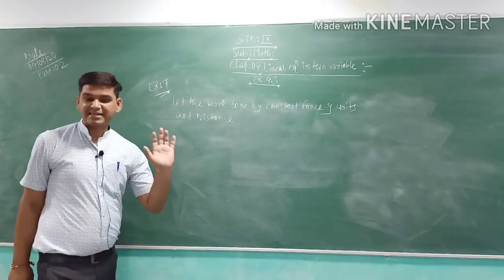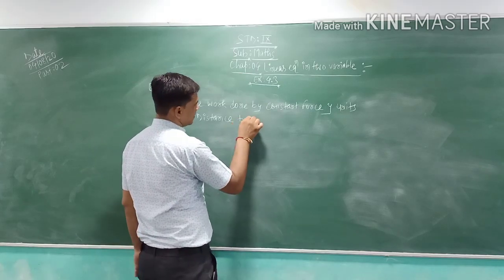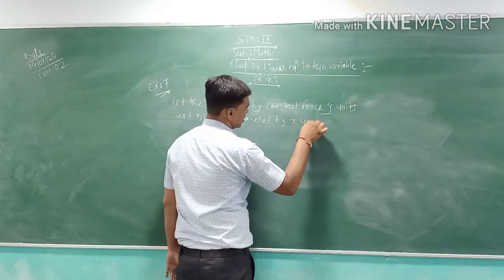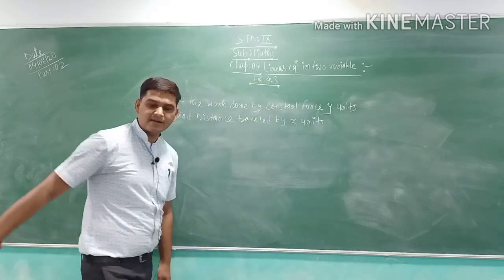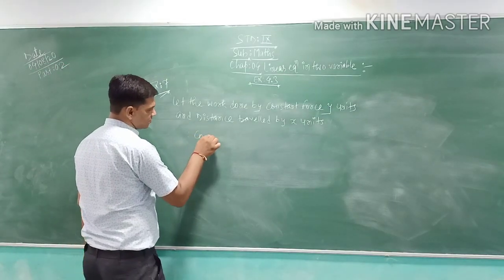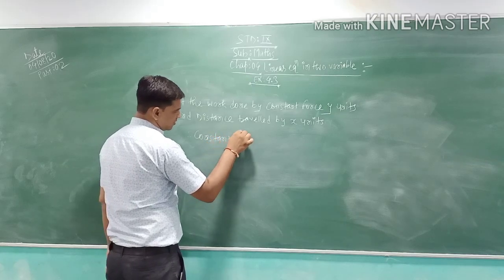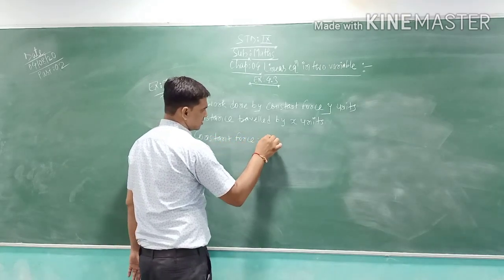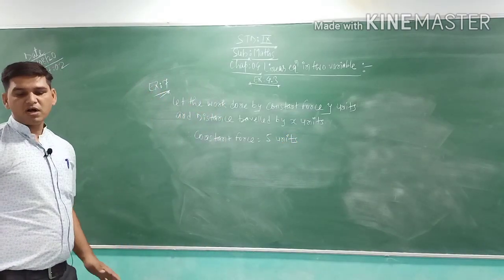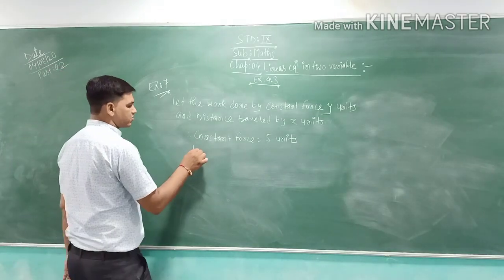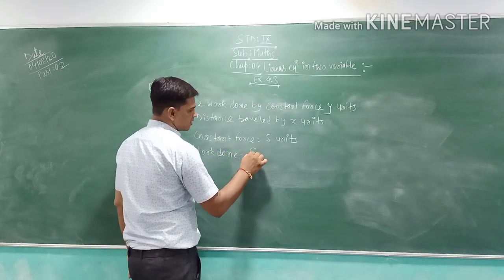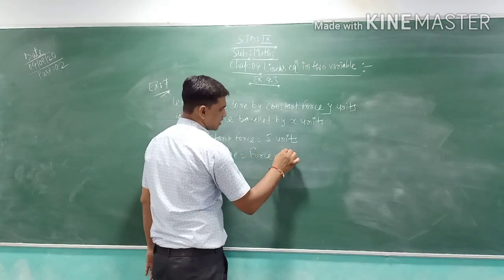So the constant force is 5 units. Question is given. Constant force is equal to 5 units and work done is equal to force into displacement, according to the physics in chapter number 8 we already discussed.